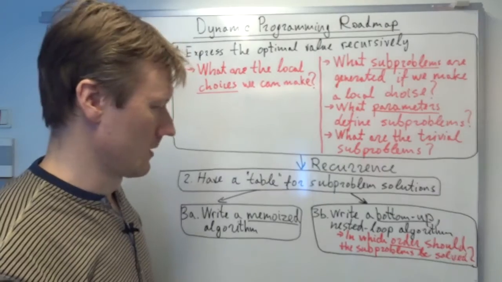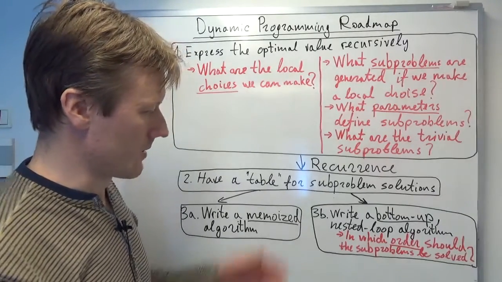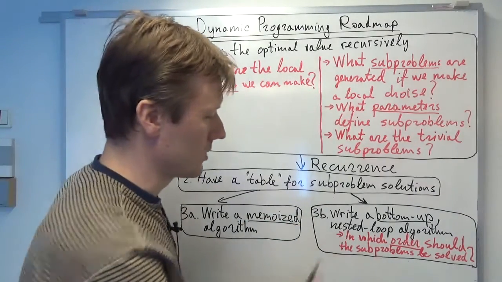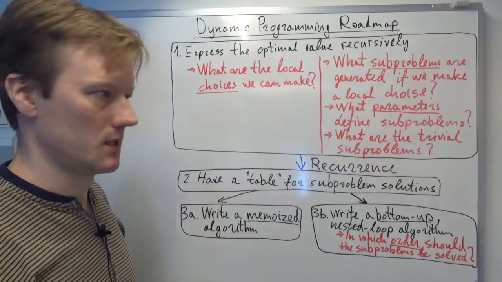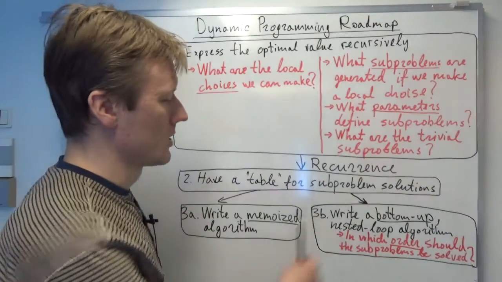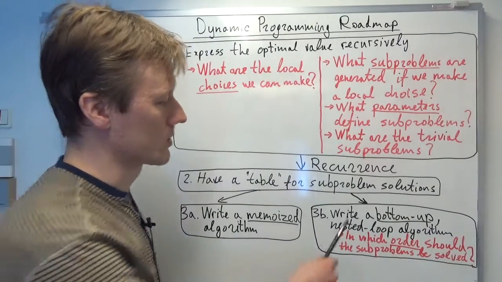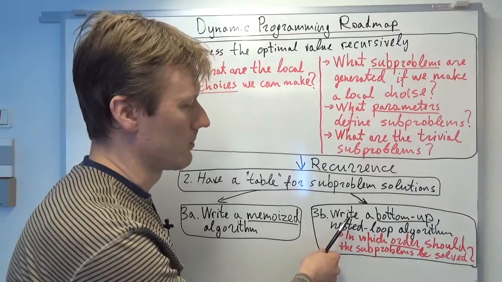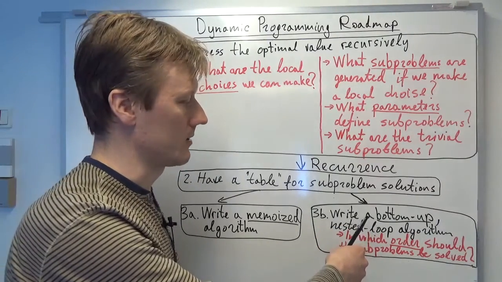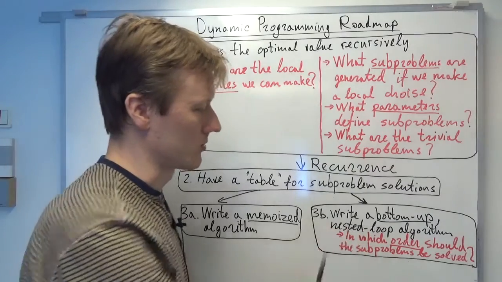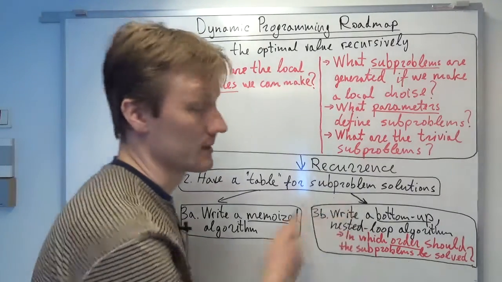And to do that, you have to decide in which order the subproblems should be solved. Because in this algorithm, you want to be sure that when you are solving a specific subproblem, all the subproblems that are necessary to solve it are already solved.